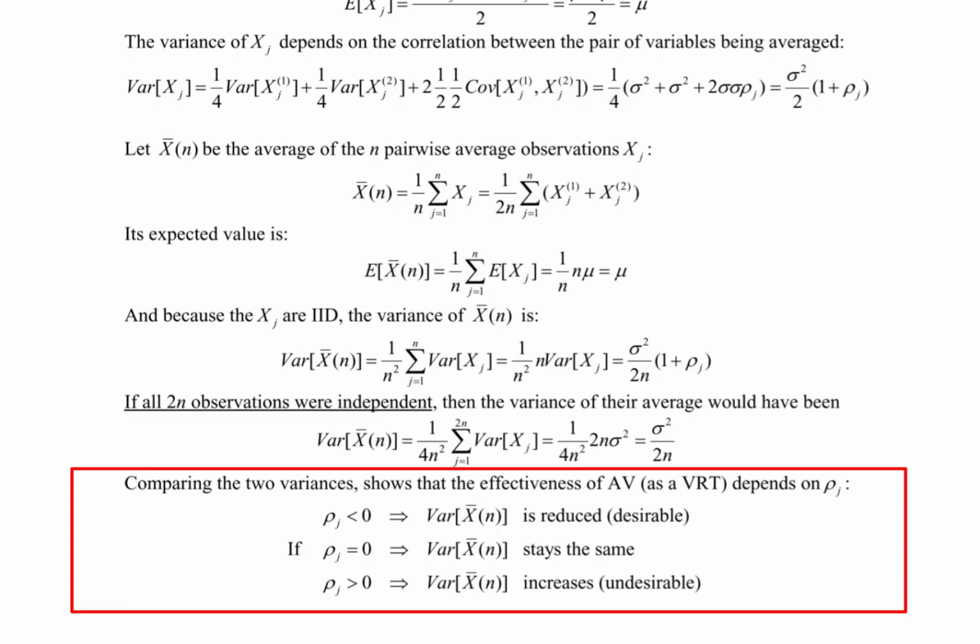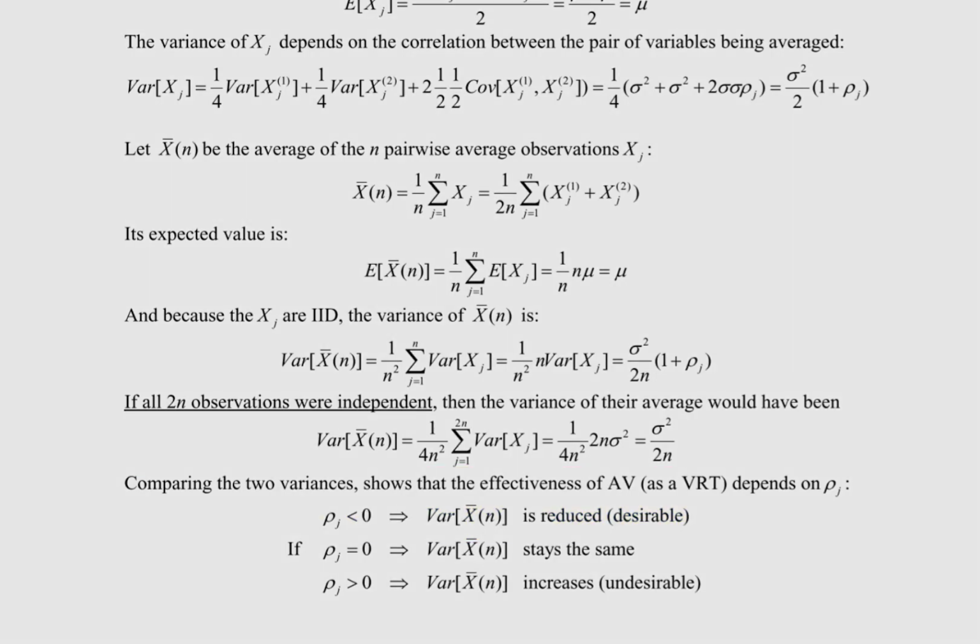If rho is 0, that is, we do not induce any correlation between the pair of observations, then the variance stays the same. If rho is positive, then the variance actually increases, which is undesirable. So the objective of antithetic variates is to keep rho negative, and that requires special care in the design of the simulation model.